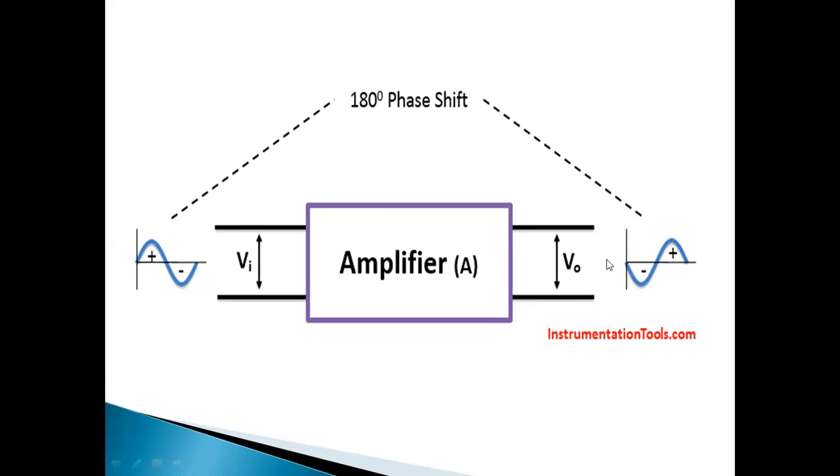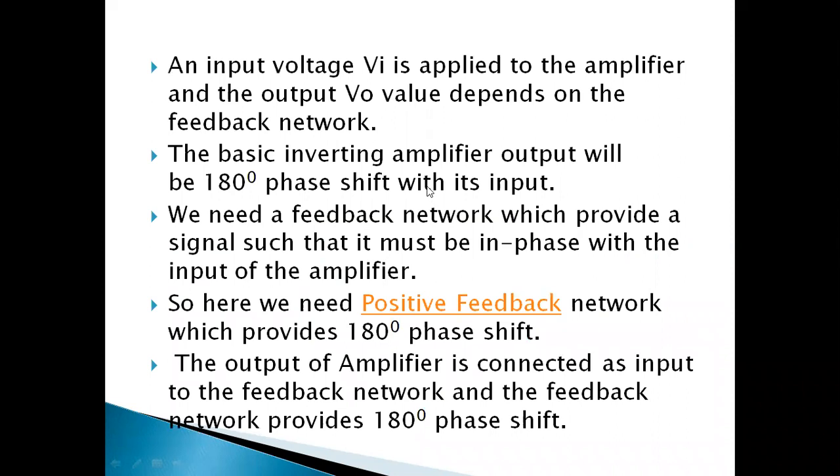The phase difference between these two signals is 180 degrees. An input voltage Vi is applied to the amplifier, and the output V0 depends on the feedback network. Let us consider an oscillator with the input signal Vi and the output signal V0. The basic inverting amplifier will produce a 180 degrees phase shift. We know that point.